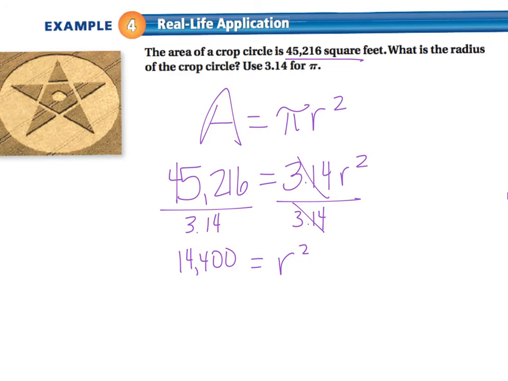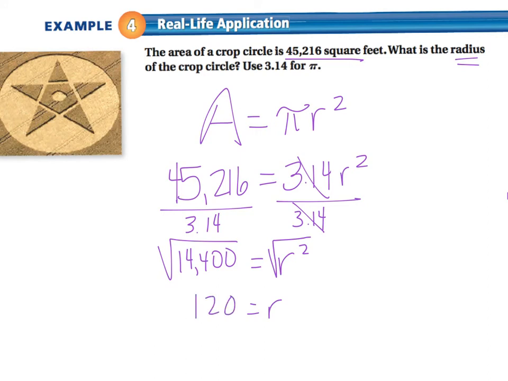So that's what we're going to do on both sides. Because I want to find r. The whole point of this is to find r, which is the radius. Well, right now, I know the value of r squared. So I take the square root of both sides. So to find the radius, I take the square root of 14,400, which gives me 120.